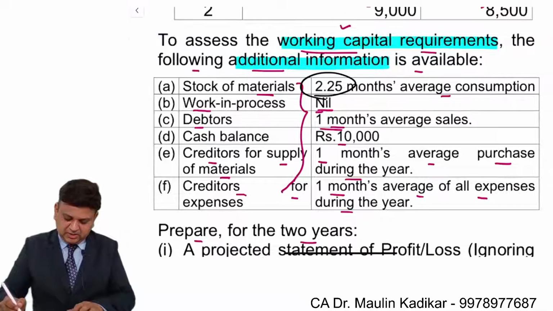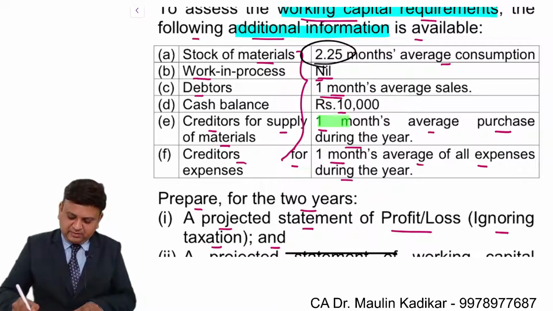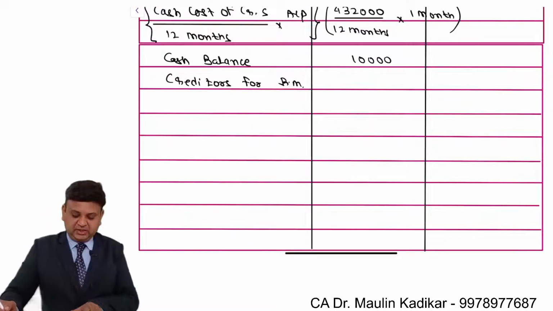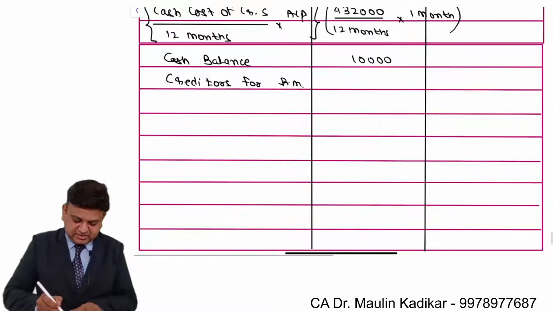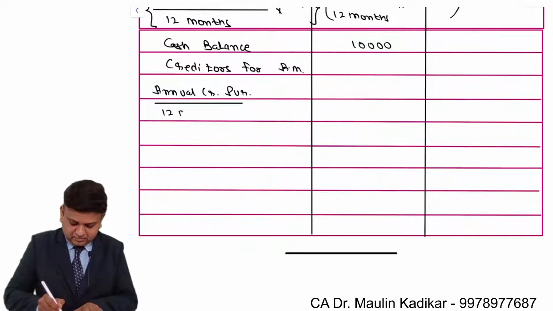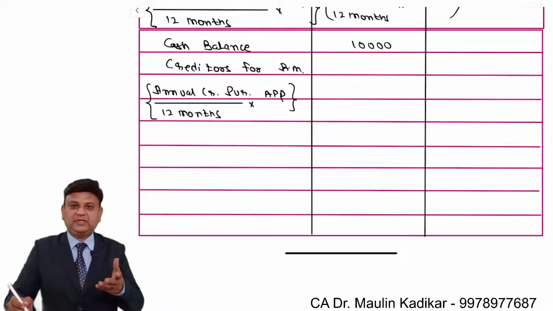Dear students, over here, the question says that the creditors for supply of raw material is 1 month average purchases. So basically, the formula is like this: annual credit purchase divided by 12 months into average payment period. Now what is the purchase?